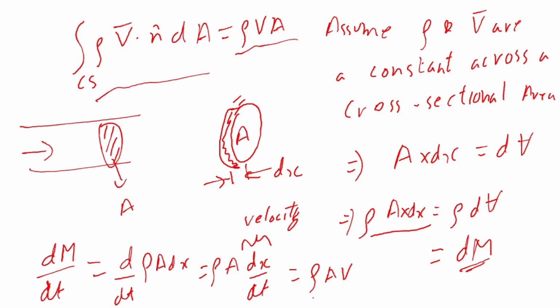All it is saying is, if you have a cross section like this, the amount of mass passing through this cross-sectional area, or entering through this cross section, can be in any direction. So the amount of mass passing through that cross-sectional area is being represented by this term.